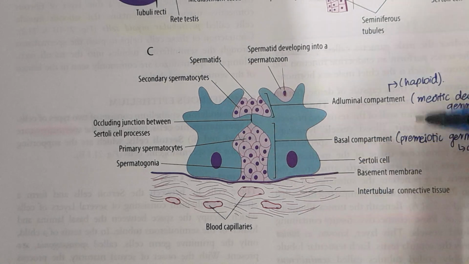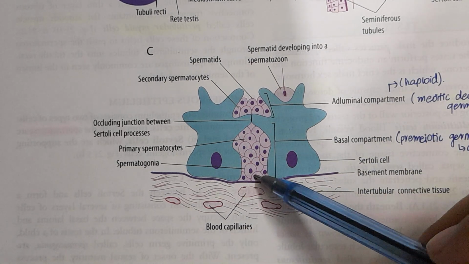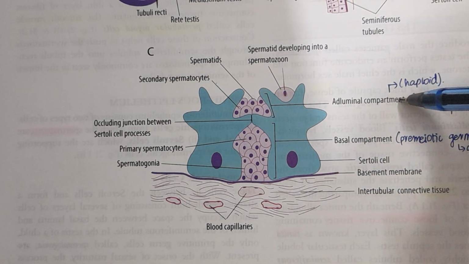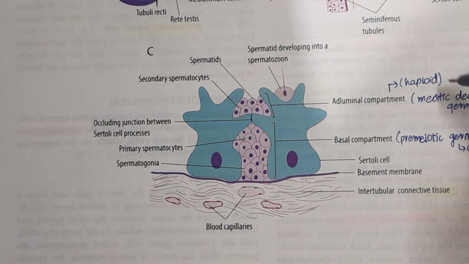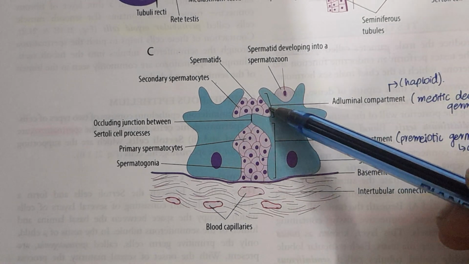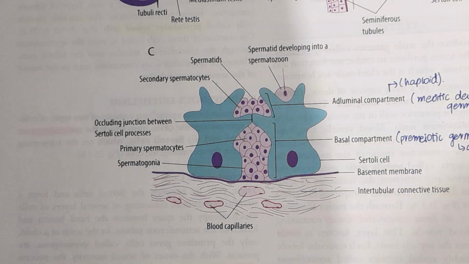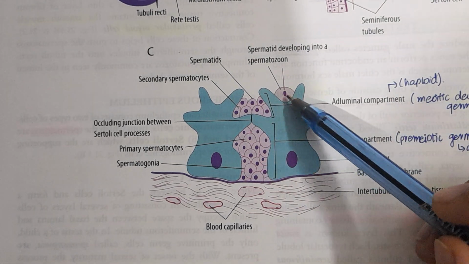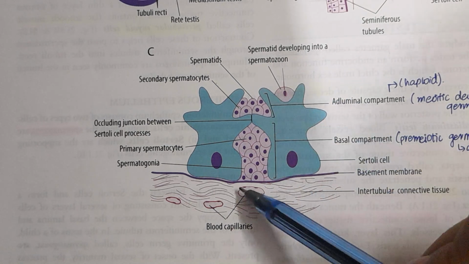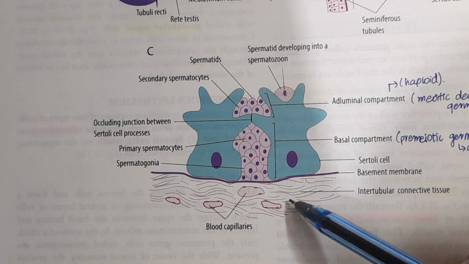The basal compartment has premeiotic germ cells, the spermatogonia and primary spermatocytes, whereas the adluminal compartment has the haploid cells or the meiotic developing germ cells, which are secondary spermatocytes and spermatids. The spermatid develops into a whole spermatozoon in the same region. As you know, these are the blood capillaries present in the intertubular connective tissue.